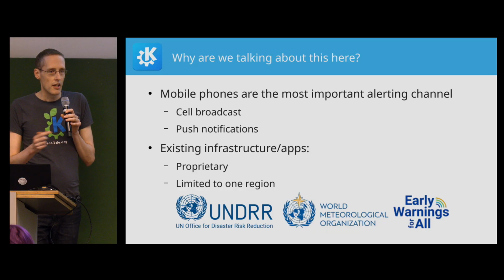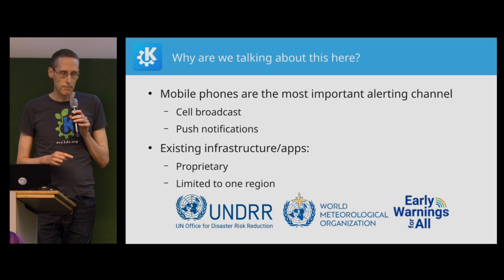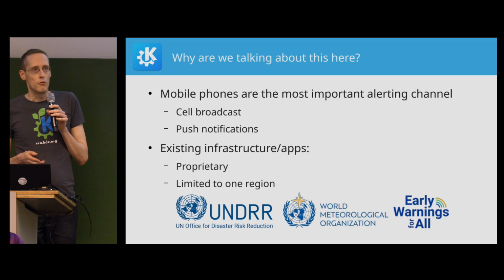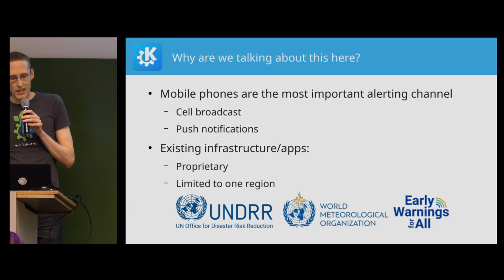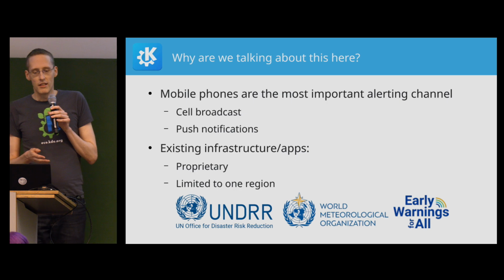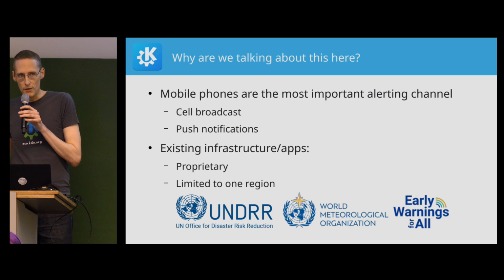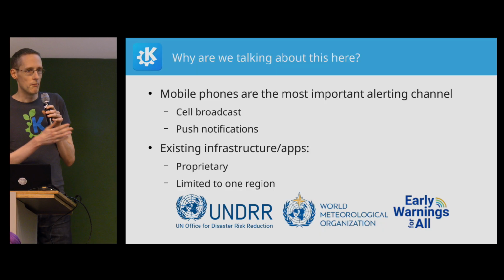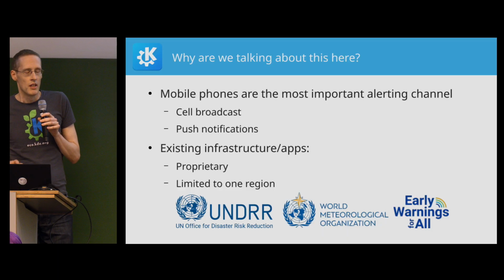And that ties into a bigger picture of the United Nations Early Warning for All initiative, which has the stated goal that by 2027, everyone should have access to early warnings, at least for weather and climate-related events. And if by everyone we really mean everyone, then that isn't going to work without free and open infrastructure that can be twisted to everyone's needs, right?